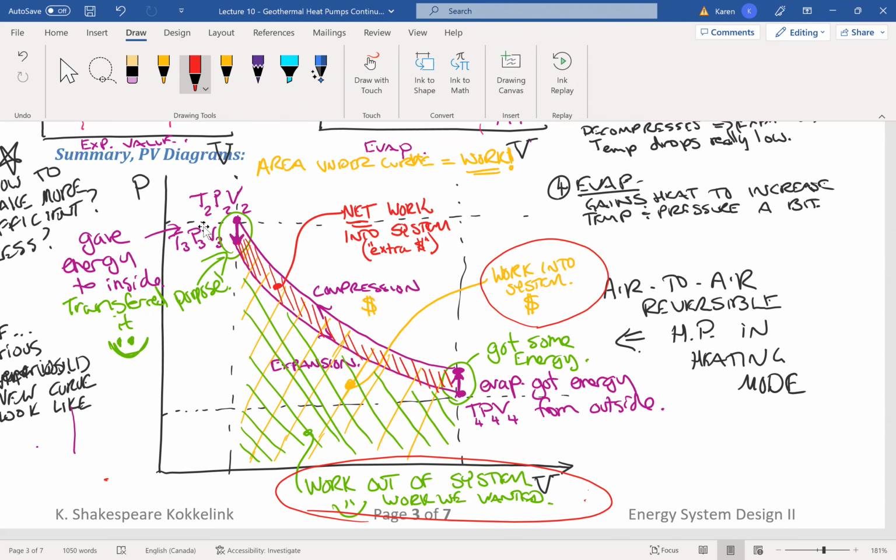So it's kind of like your losses, right? You got a little bit less than you paid for. So that's the net work into the system. So it's the net cost, because a lot of that cost went to your gains, but this is your net cost. Okay.